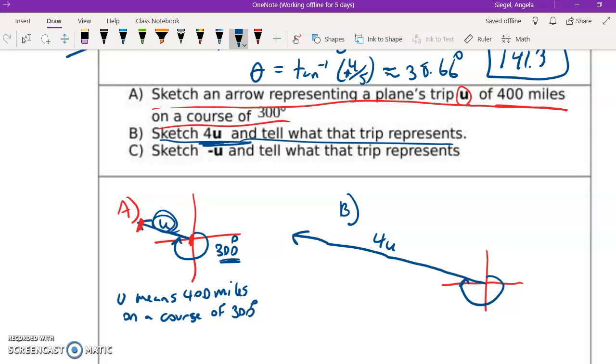And this is also on a direction of 300 degrees. So let's think about that in terms of the problem. So if we're going 4u, we're going 1,600 miles because we're going 400 miles 4 times. Oh my goodness, guys, I'm having some issues. I can't spell or write numbers today. Okay, so 1,600 miles on a course of 300 degrees.